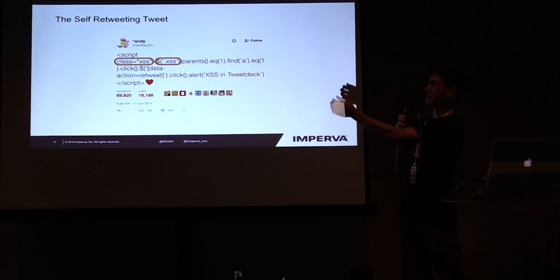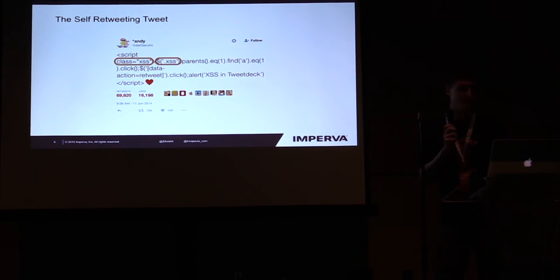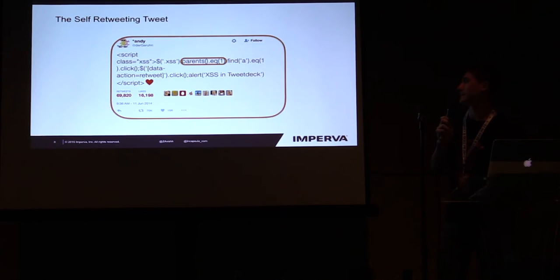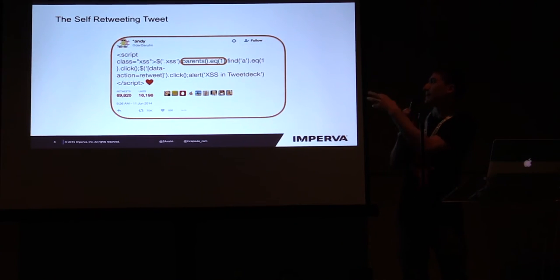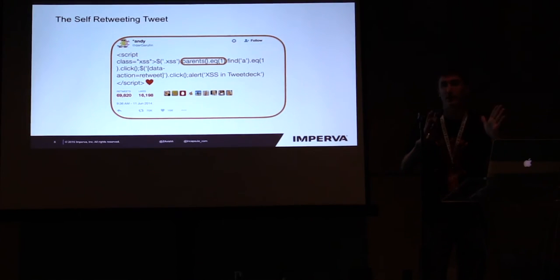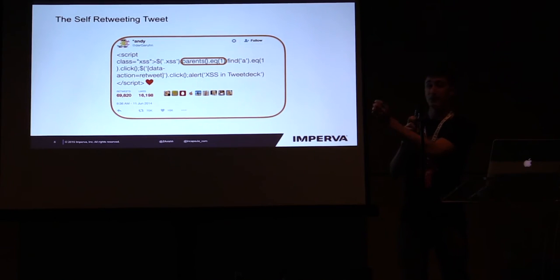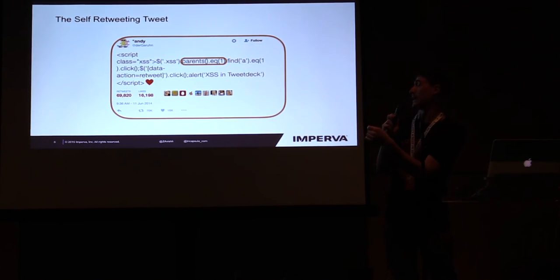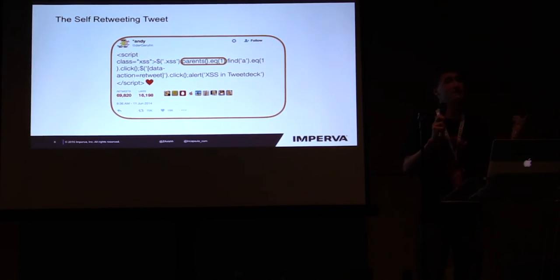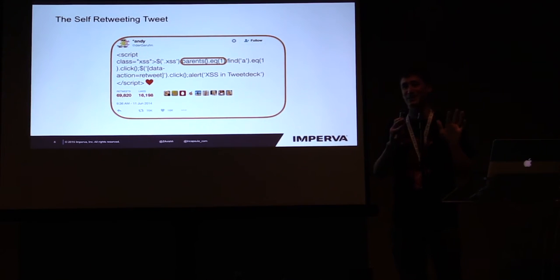So they refer by jQuery to the class XSS, and then they go to the parents. Parents returns an array of all the tag parents of the class we are referring to. Okay, so the number 0 is the script tag itself. Are we good? Do you want me to go a bit slower?